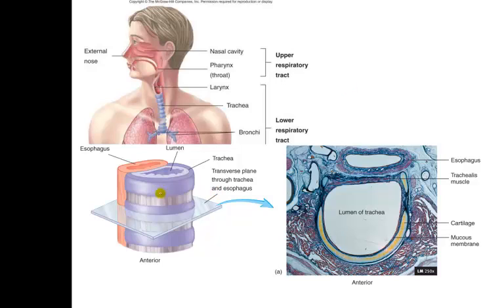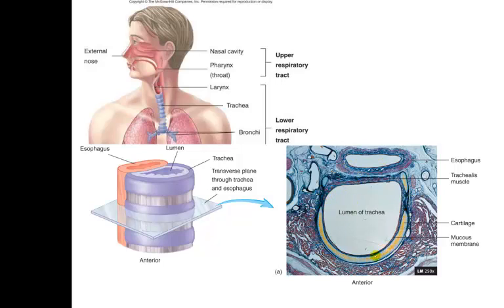So the trachea lies directly anterior to the esophagus. So here's the esophagus. Here's the trachea. It's a tube, and it's supported structurally by rings of cartilage, but they're C-shaped. They're not complete. So you can see here in a cross section, esophagus, trachea.